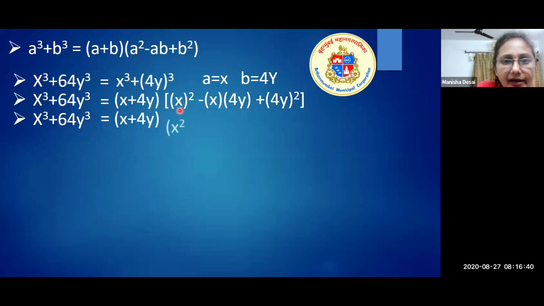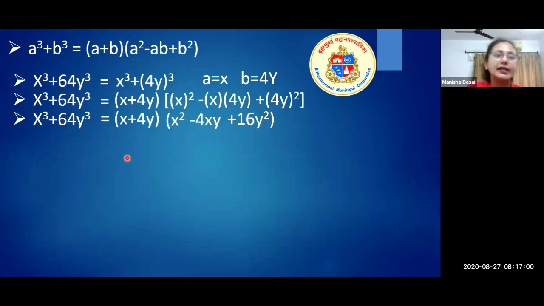Here x square, then minus x into 4y is written as minus 4xy, plus (4y) the whole square. So what is the square of 4? 16. So it can be written as 16y square. Very good, student. So we can say that the factorization of x cube plus 64y cube is equal to (x plus 4y) into bracket x square minus 4xy plus 16y square.